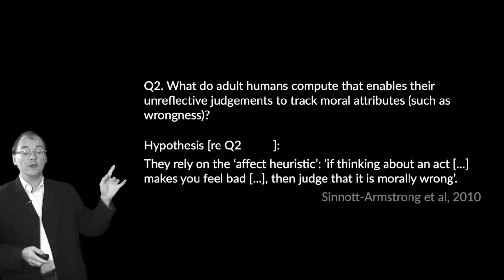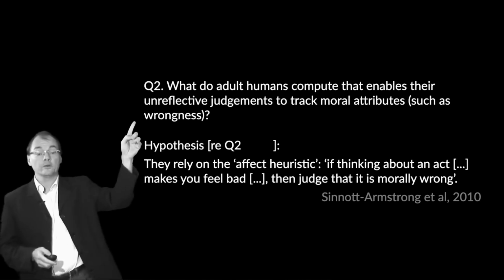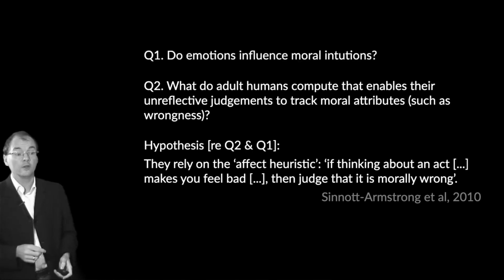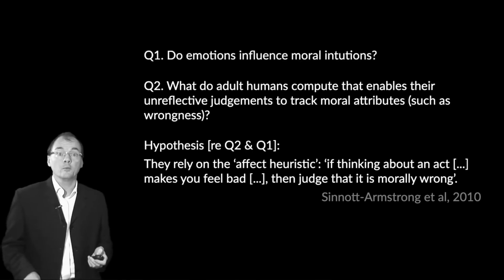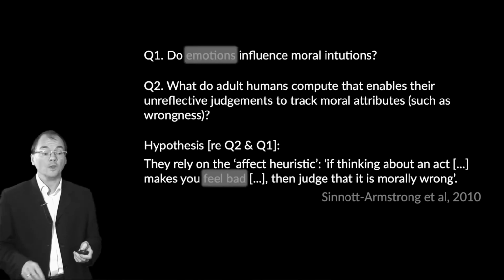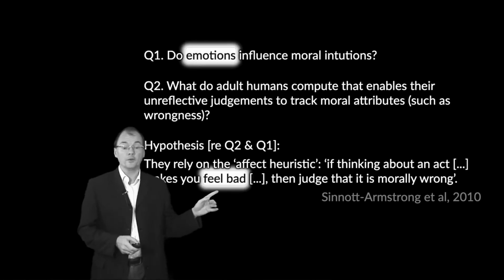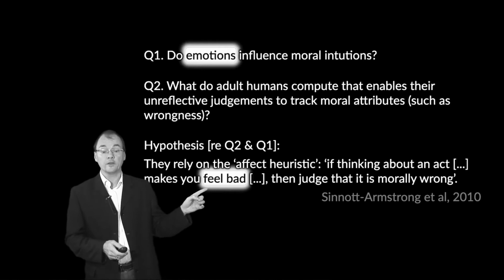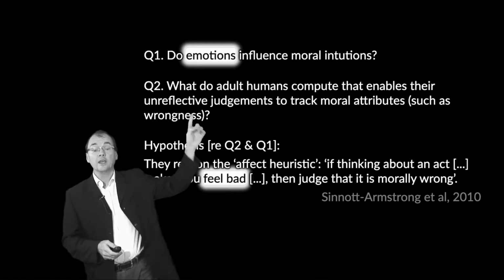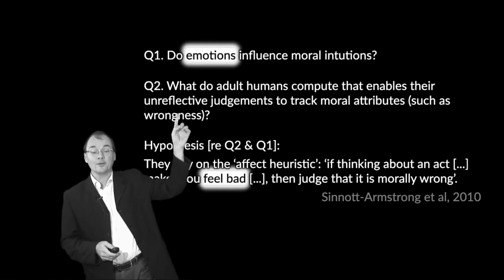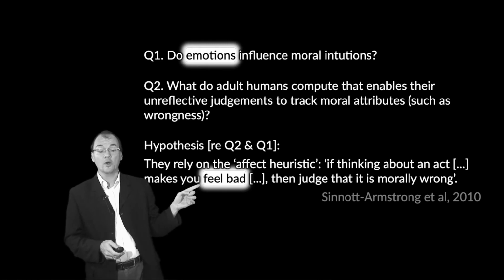So I think you can see that this hypothesis is a straightforward answer to the second question we asked. But what about the first question? Do emotions influence moral intuitions? Well, here the hypothesis is giving us a positive answer to that question. This hypothesis says, yes, they do influence moral intuitions, and you can see moreover from the hypothesis how that works.